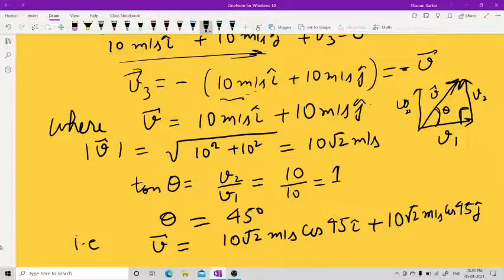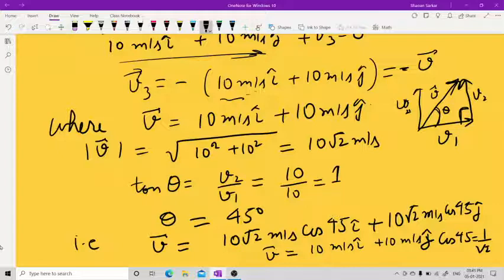This is the actual v. That means v is coming out to be the same as the above expression. It will be 10 meter per second i cap and 10 meter per second j cap, because cos 45 is equal to 1 by under root of 2. This is the story.